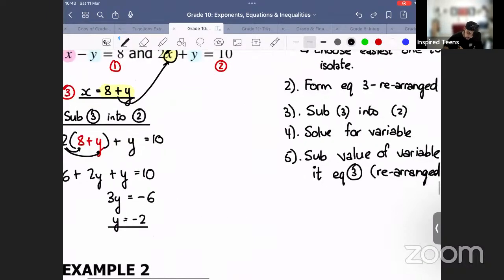So now to solve for x, you say x is equal to 8 plus minus 2. x is equal to 6. Okay, that makes sense.